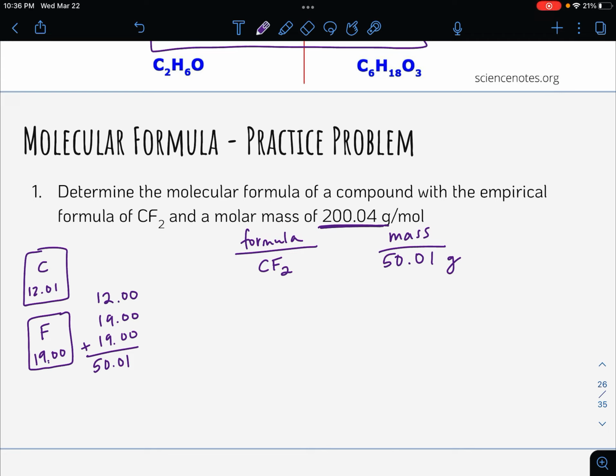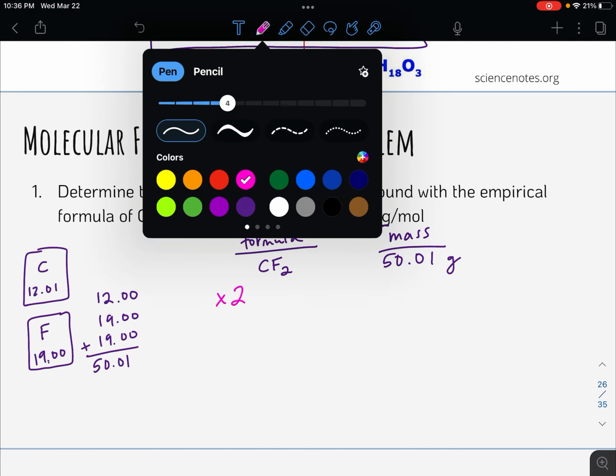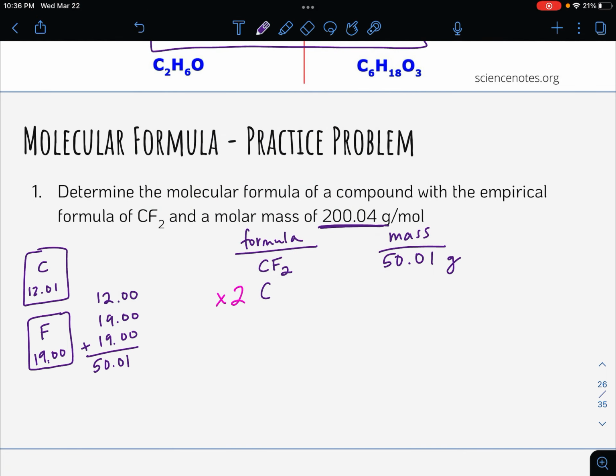So what I'm trying to do is find another formula that can simplify down to this but has a mass of 200. Let's say that we double the elements in this formula. So instead of just 1 carbon, we have 2, and then we have 4 fluorines. Now we need to add up our mass.